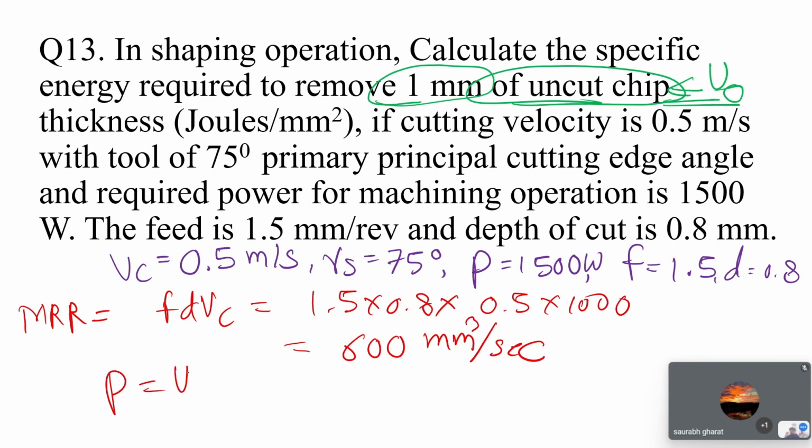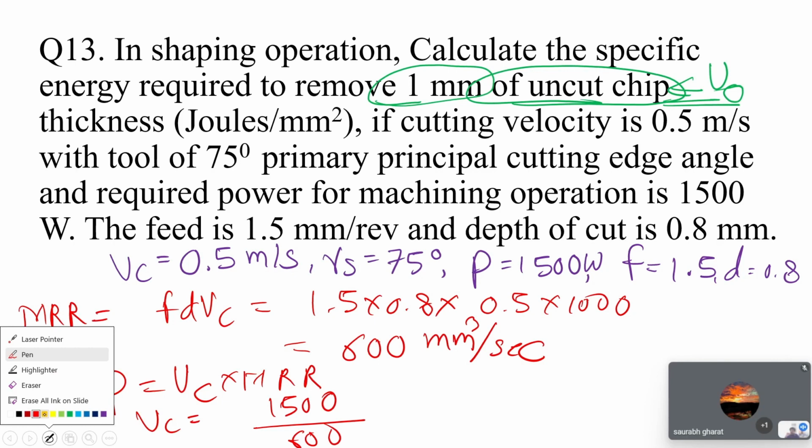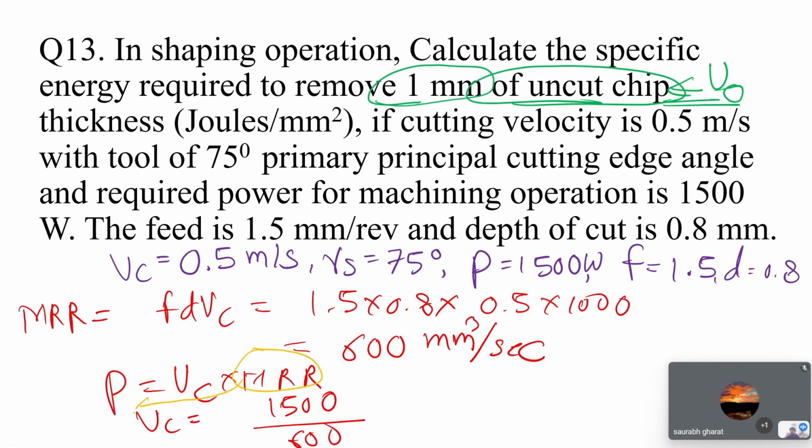So we know what your power is. Power is equal to UC into MRR. What is your power? 1500 watt. It is given. So you need to find UC. What is your UC? Just power you have 1500 divided by, what is your MRR? 600. Okay, this MRR, what you have.